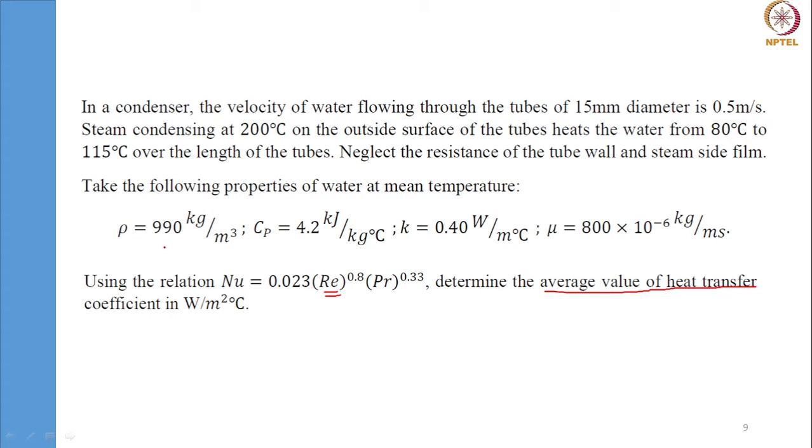All other quantities are given, we just need to plug in the values. Rho of water is given as 990 kg per meter cube. V is given as 0.5 meter per second, and mu is given as 8 times 10 power minus 6 Pascal second, or kg per meter second.